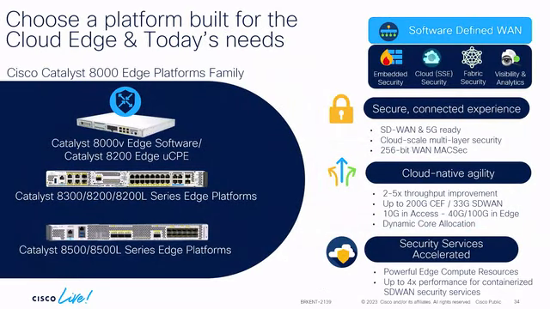These are different platforms. We built them ground up to meet today's requirements. They have better ways of handling SD-WAN, because in SD-WAN everything is encrypted. These have a lot better encryption rate. We have a lot higher throughput on them. We have a lot better way of handling built-in security services on these routers.